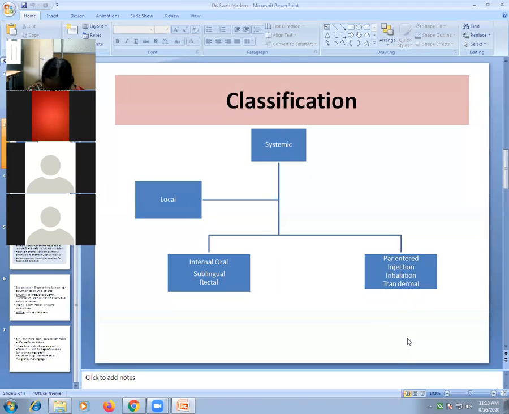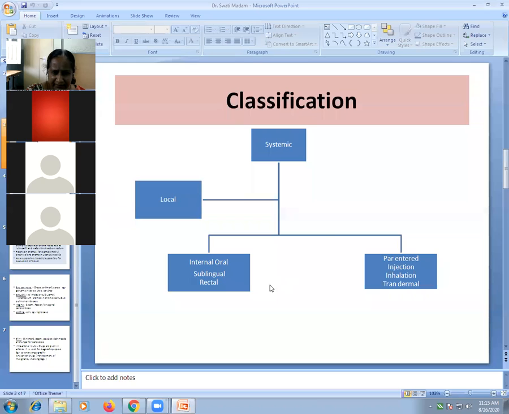These patches deliver the drug constantly. The advantage is that it is convenient. The disadvantage is that the patch may fall out.